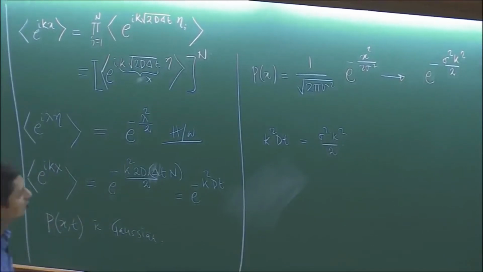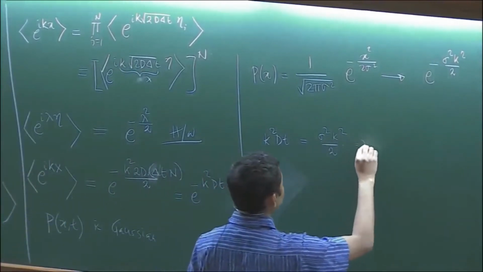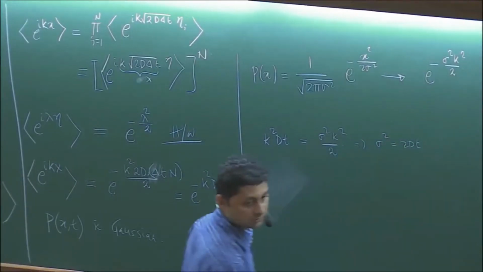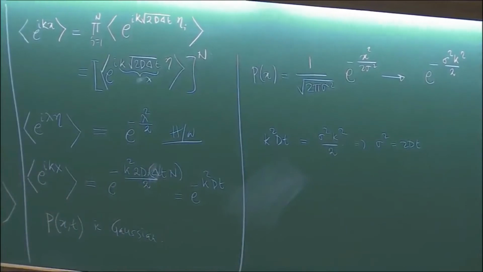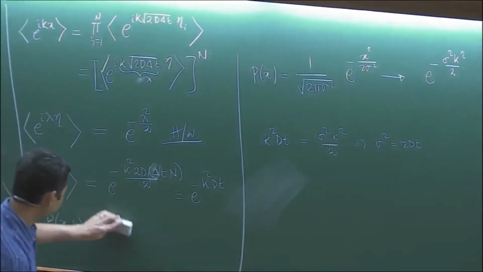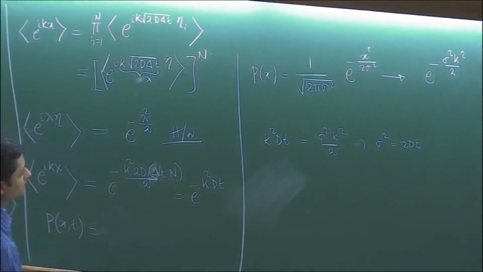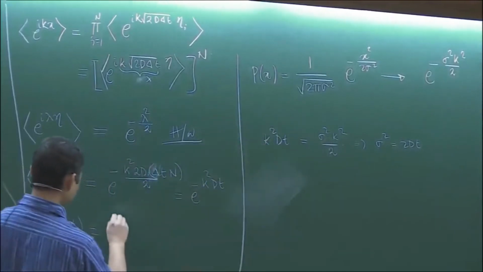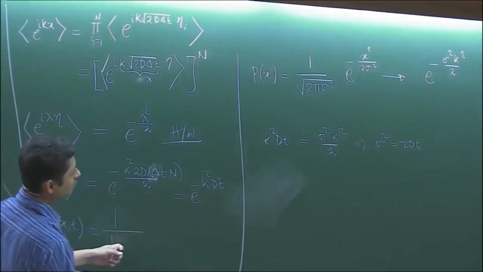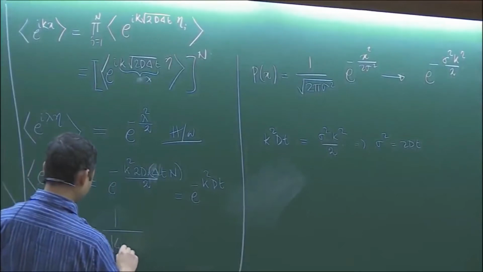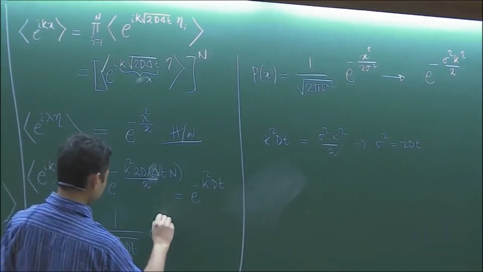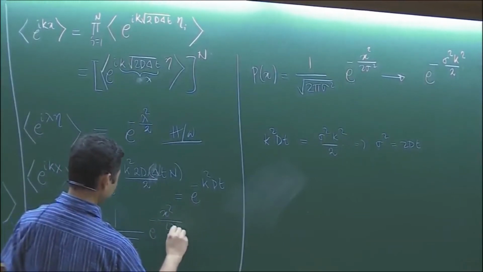So what is sigma? Sigma square is 2 dt, right? So therefore, what will be the distribution when you get it back? It's this one: 1 over square root of 4 pi dt e to the power minus x square by 4 dt.